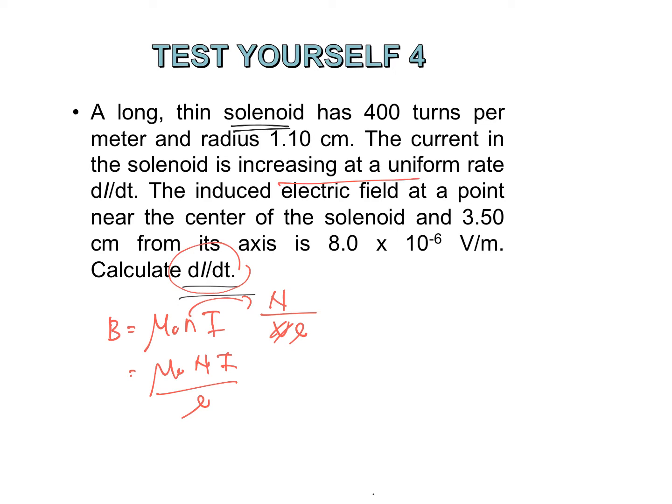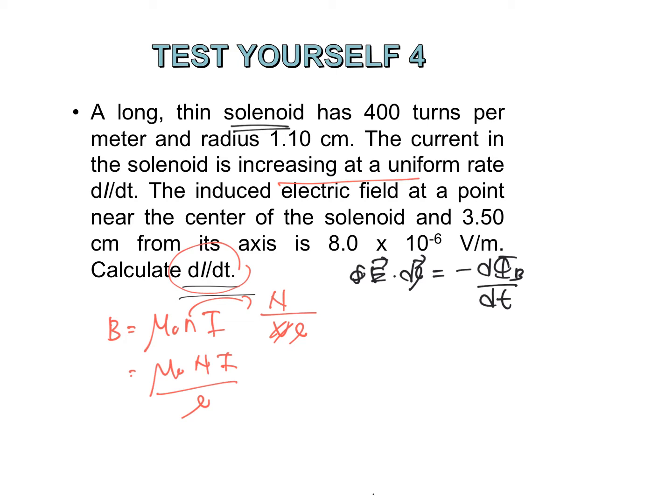So you are going to have the formula: closed loop integral of E dl equals negative d flux B over dt. Okay, long thin solenoid, so we are going to maintain our E here.